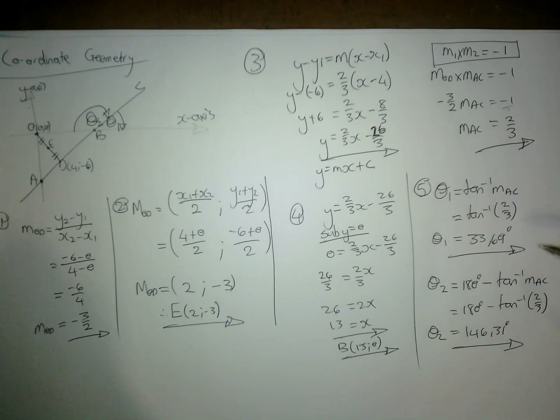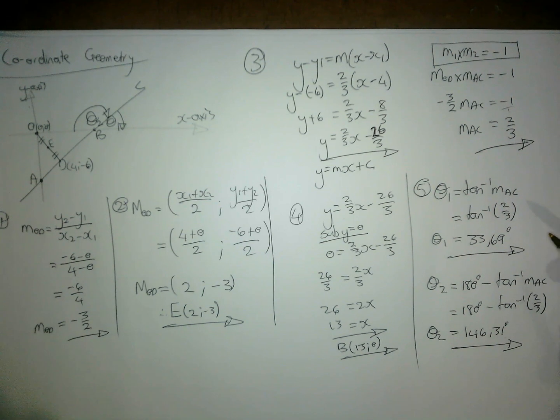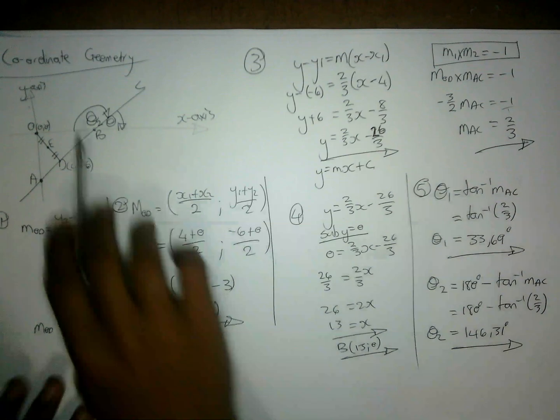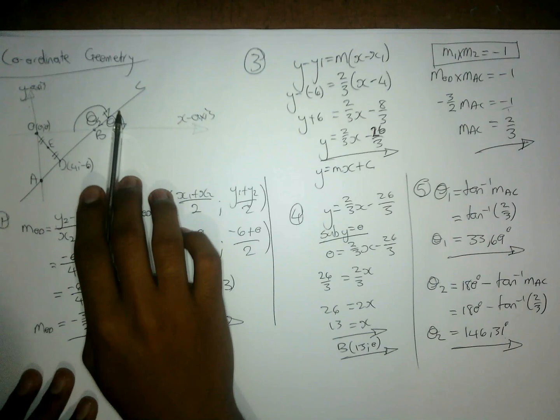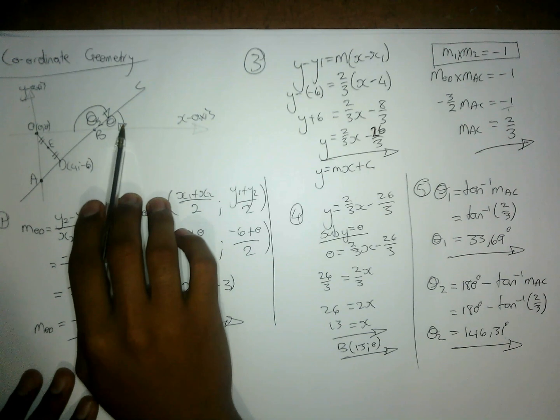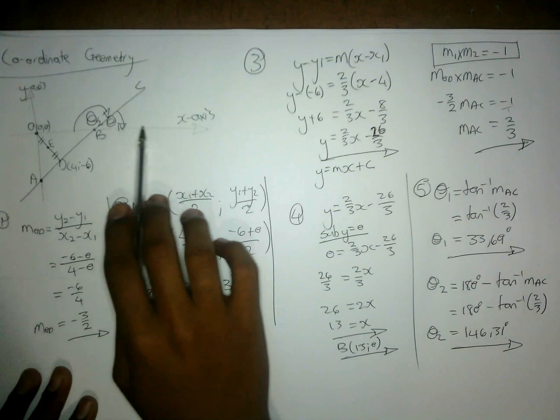And you can see that if we add these together, it's going to give us 180. 180 degrees is the degree of a straight line. So yeah, that does make sense. So this angle here plus this angle here must give me my full 180 degrees for a straight line.